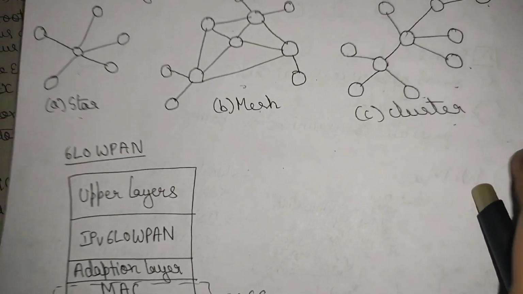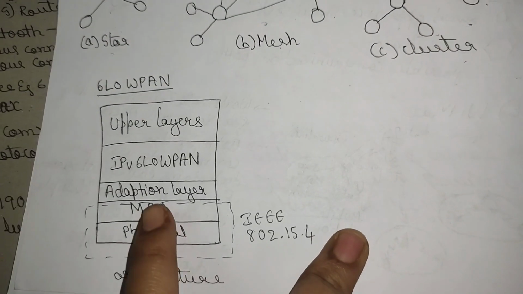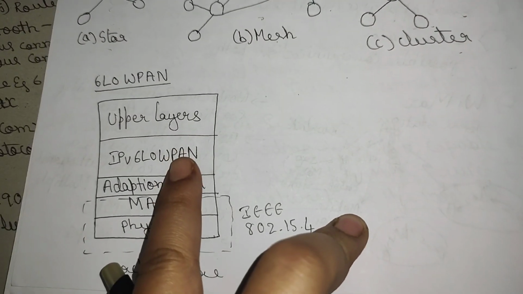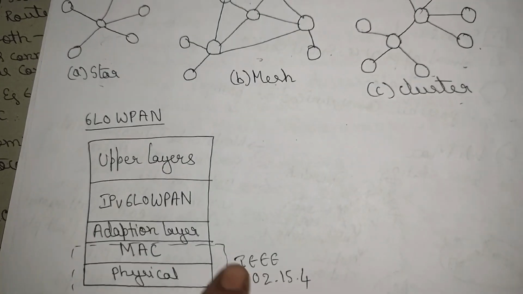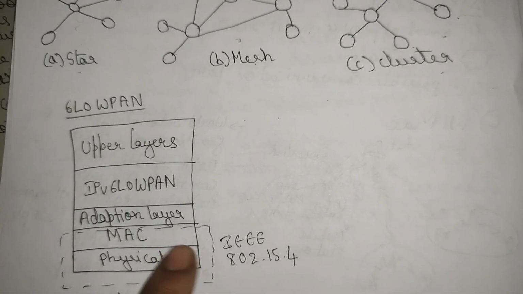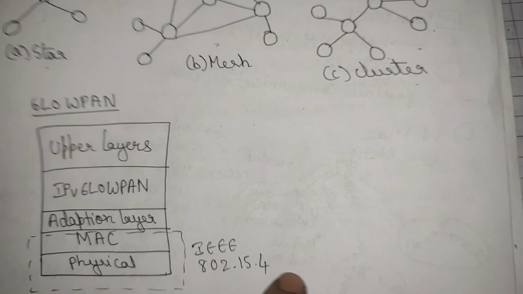So here 6LoWPAN. These are the architecture layers: physical, MAC, adaptation layer, and the IPv6 6LoWPAN upper layer. The physical and MAC layers we call IEEE 802.15.4.